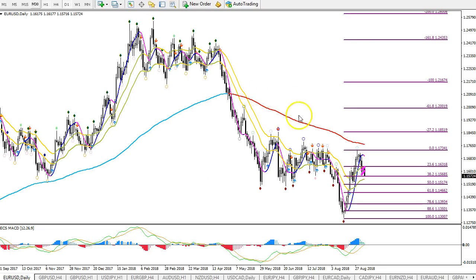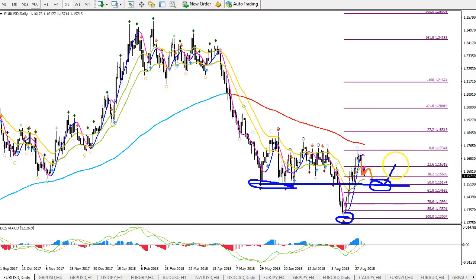Now, in the long run, I think that this ABC here will head back to support because we have, as I already mentioned last time, a potential inverted head and shoulders right there, indicated by those blue circles, and roughly around that 50 fib is that shoulder level.